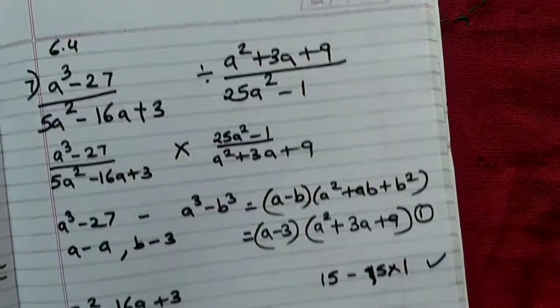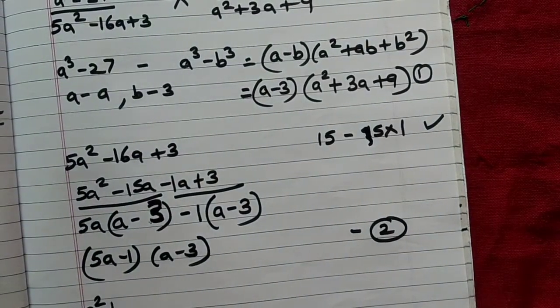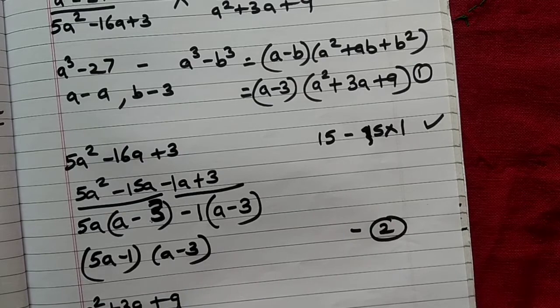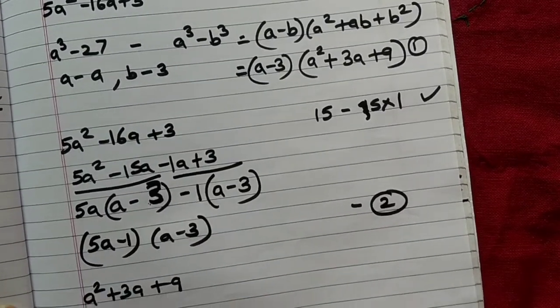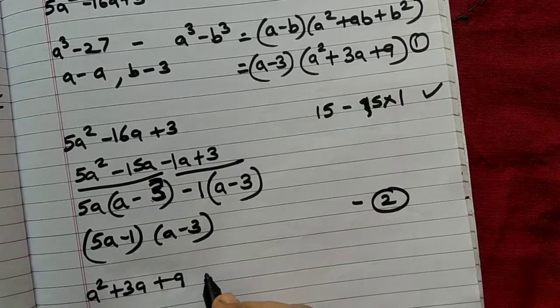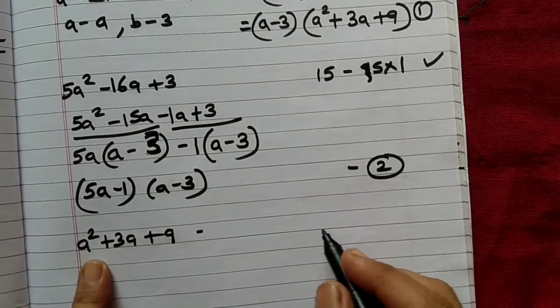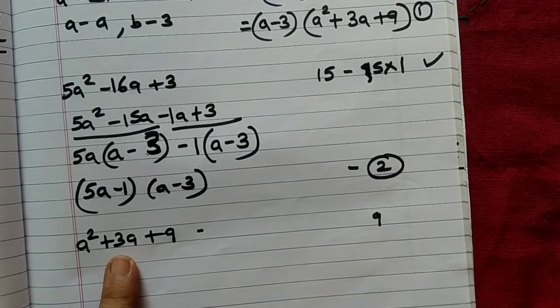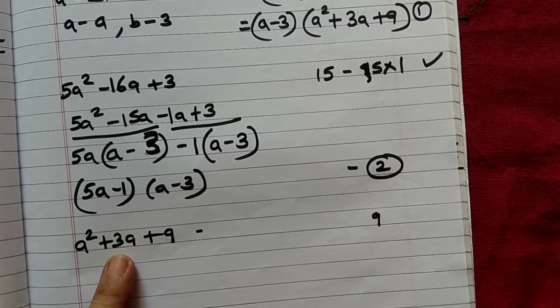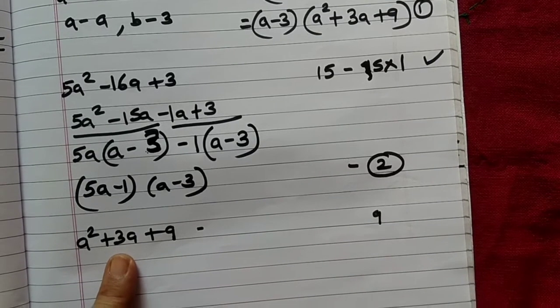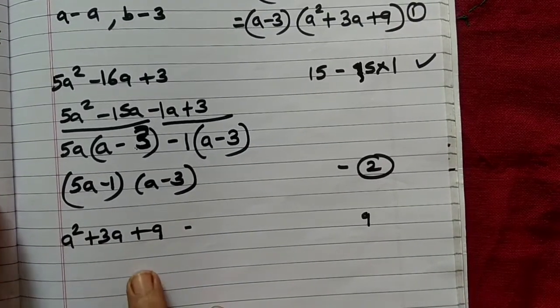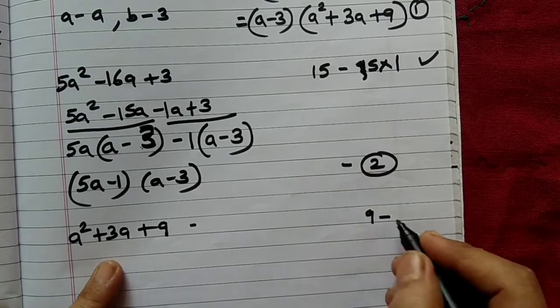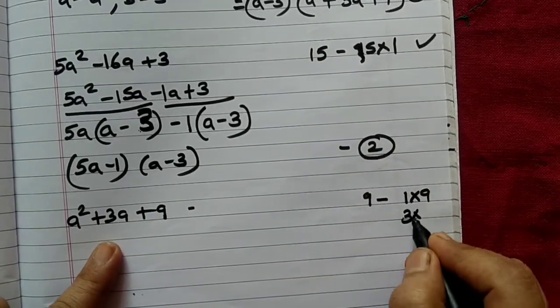Now let us solve this: a square plus 3a plus 9. So here again the multiplication will be 9 and the sum should be 3. Factors of 9 will be 1 into 9 and 3 into 3, only these two.